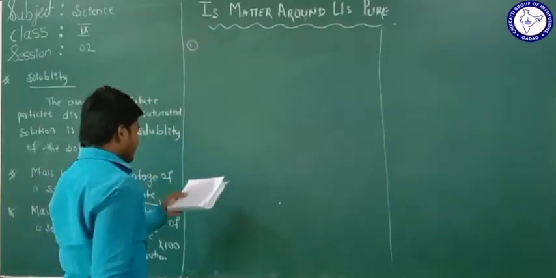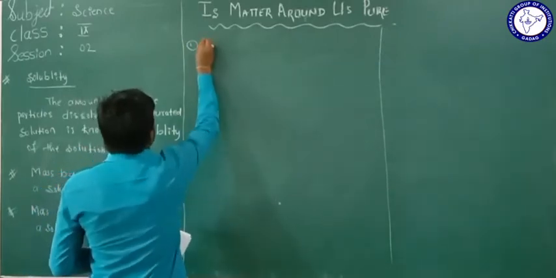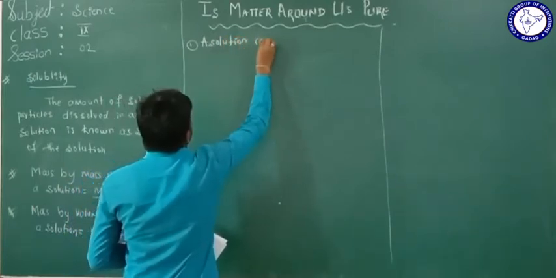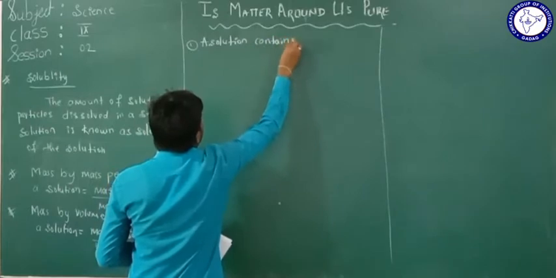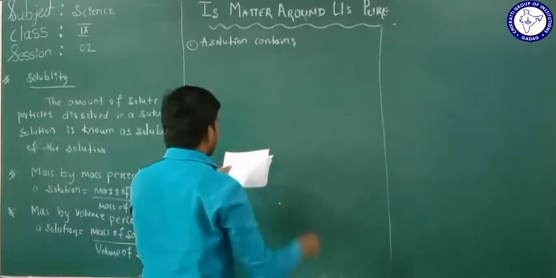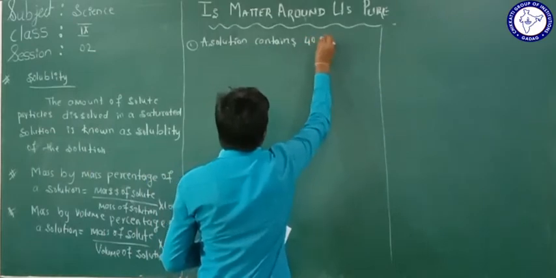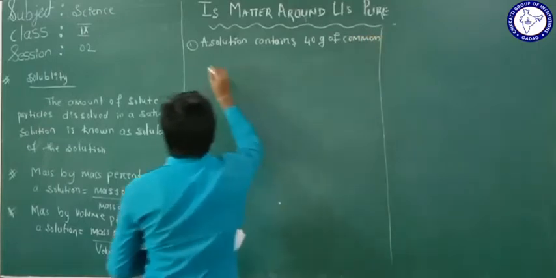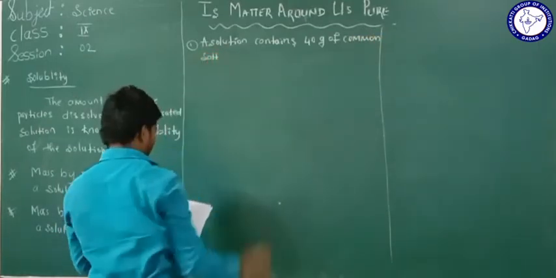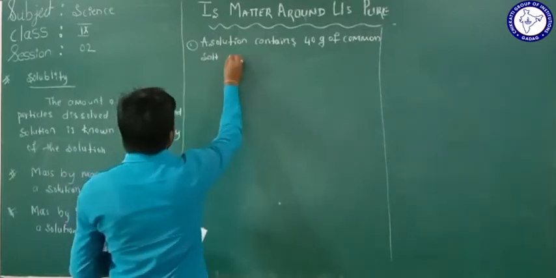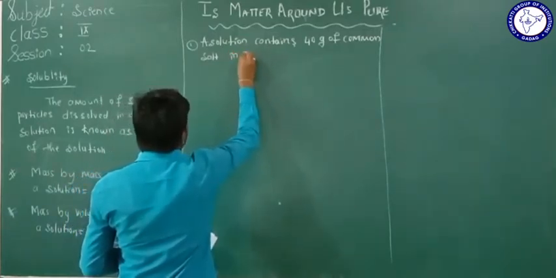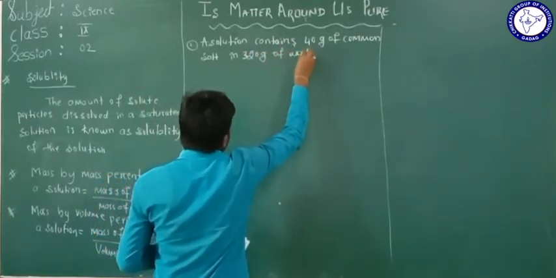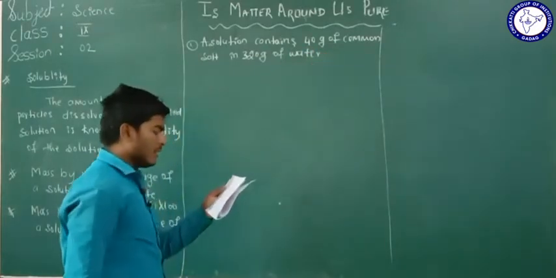First problem: a solution contains 40 gram of common salt in 320 gram of water.